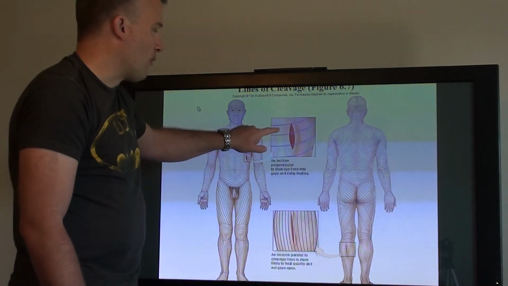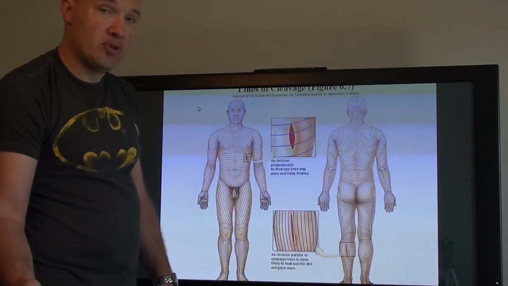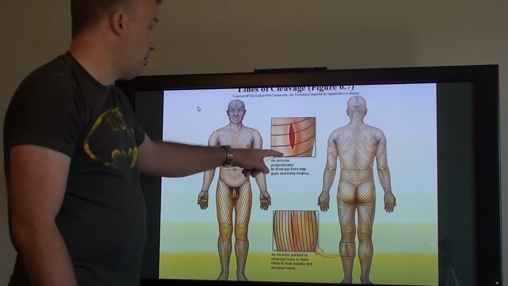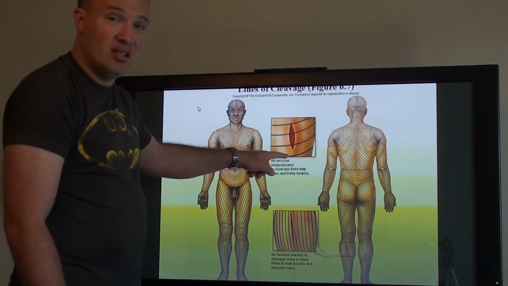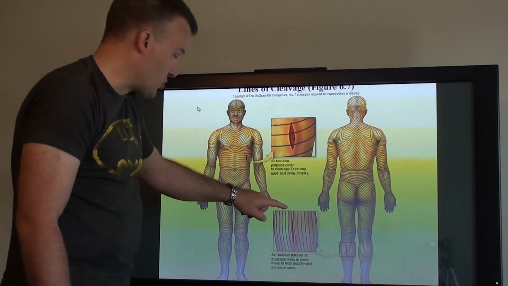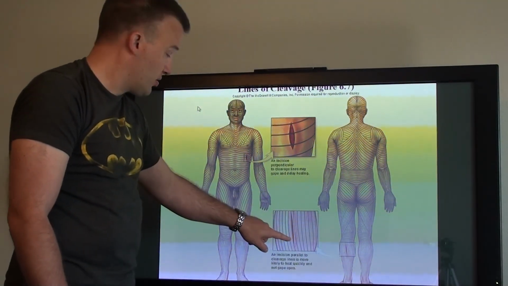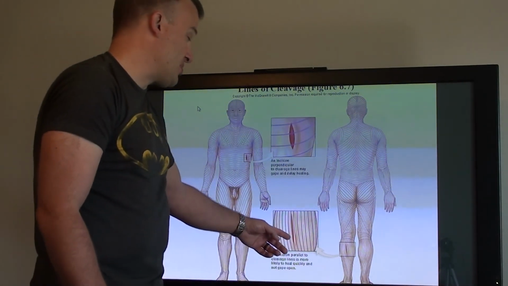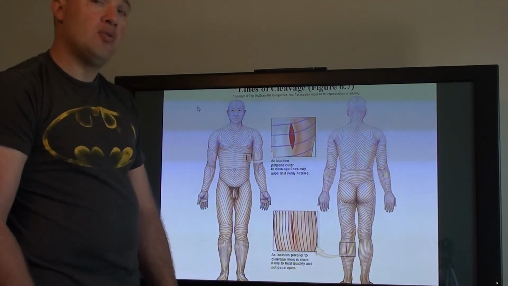It's going to require more force, it may require more sutures to close that wound, it's going to take longer to heal, so this is actually bad. If you're a surgeon, you want to try to make your incisions parallel, because this one's not gaping as much, it's not going to take as much force, it's not going to take as many sutures to close, and it will heal faster.